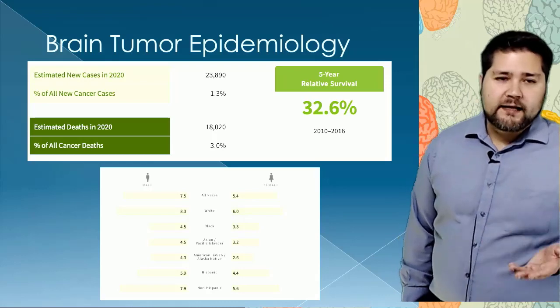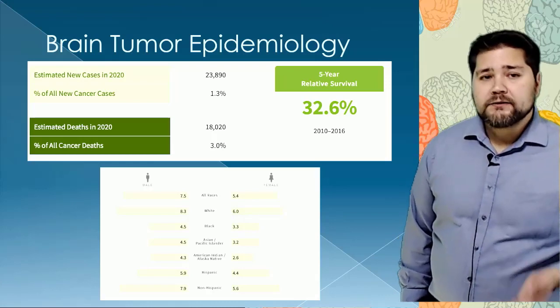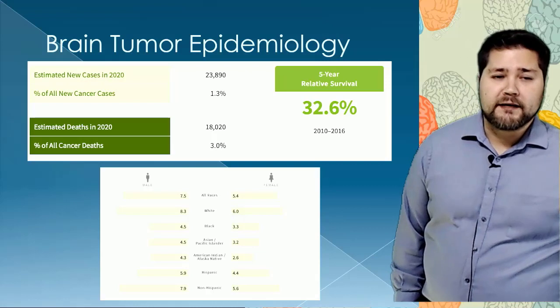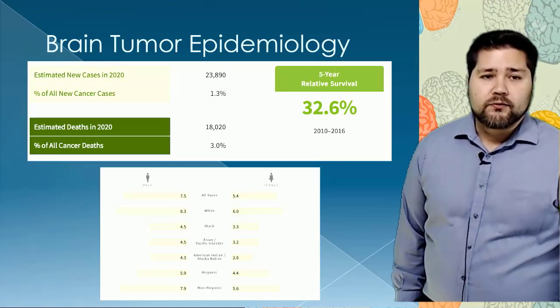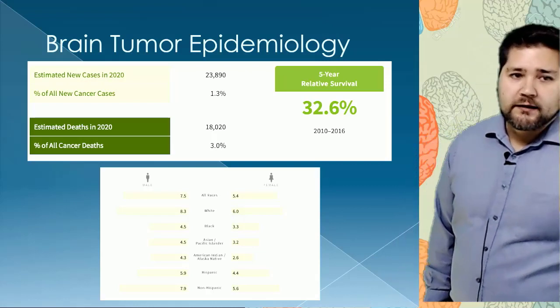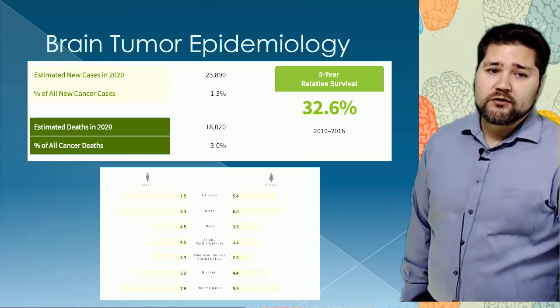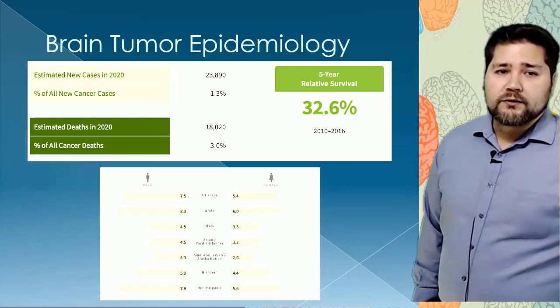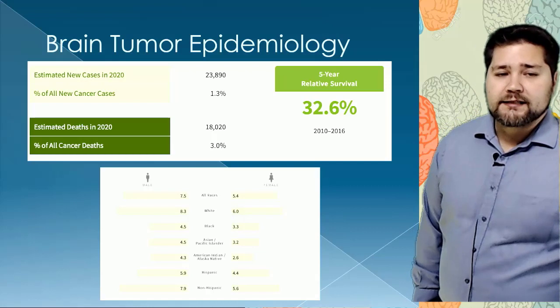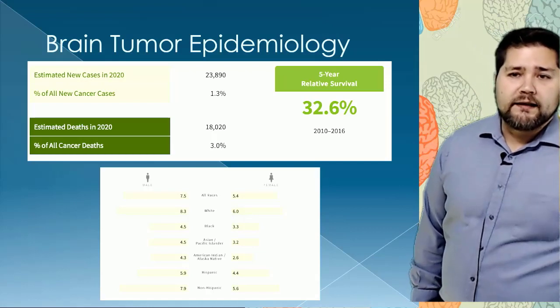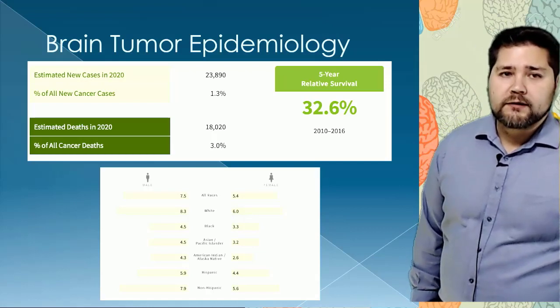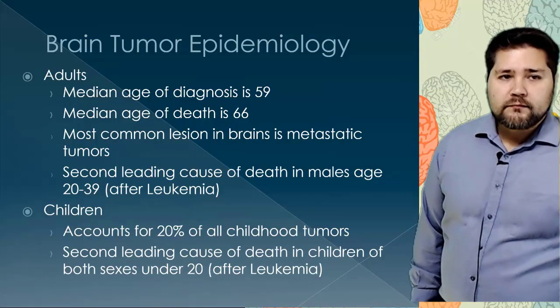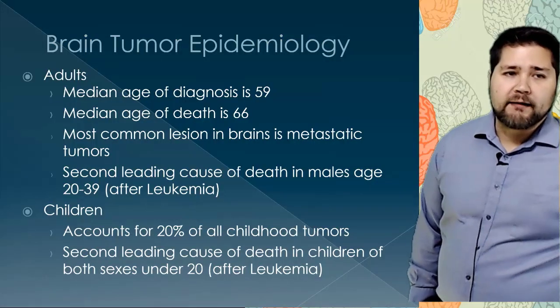We do tend to see these cancers more common in males than females, although females tend to get meningiomas more commonly. So usually your classic patient for a GBM, which is your most malignant brain tumor, is going to be an older male, usually in his late 50s and early 60s. And that will be kind of the demographic we're looking for there. But a couple of other basic stats to be mindful of.